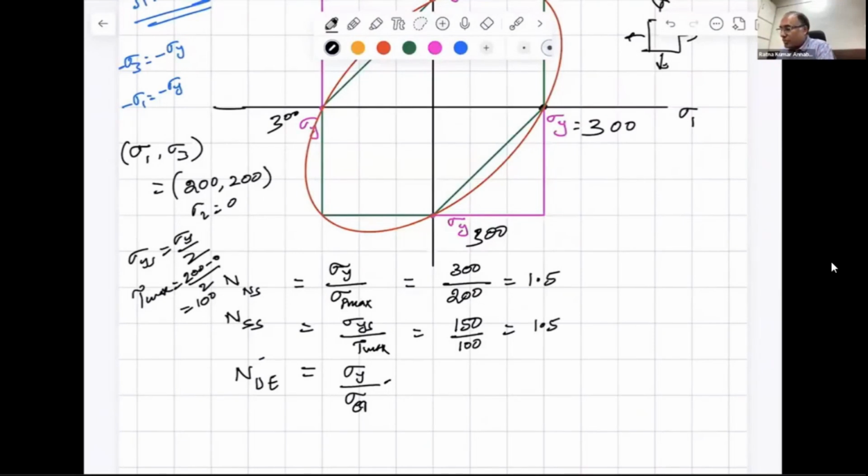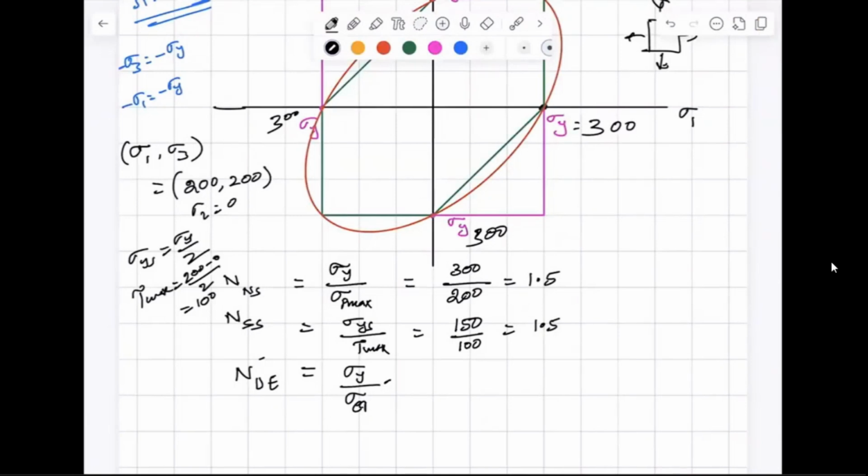And how about distortion energy theory? Sigma y is 300. We have to find the equivalent stress. Do you remember the formula? Square root of sigma 1 square plus sigma 2 square plus sigma 3 square minus sigma 1 sigma 2 minus sigma 2 sigma 3 minus sigma 3 sigma 1.